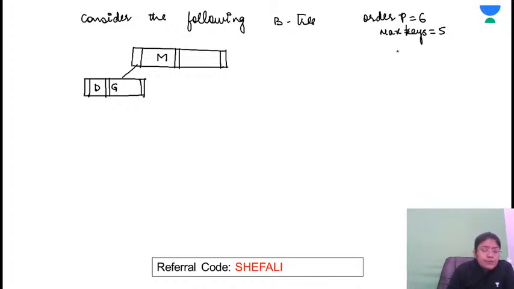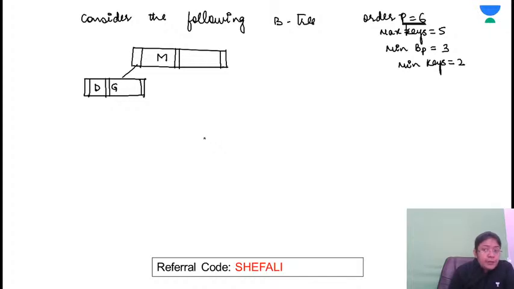Why is it 3? If maximum block pointers are 6, minimum block pointers will be 6 by 2, that is 3. If minimum block pointers are 3, then minimum keys will be 2. Yes or no?